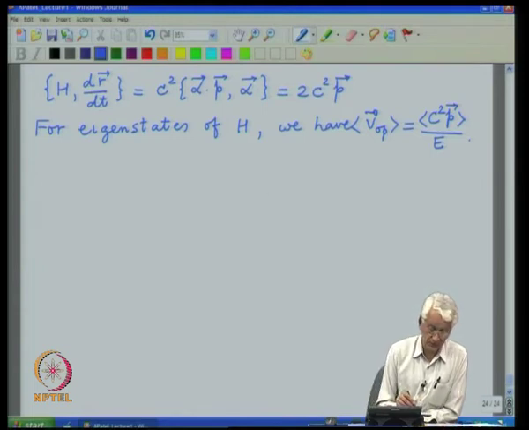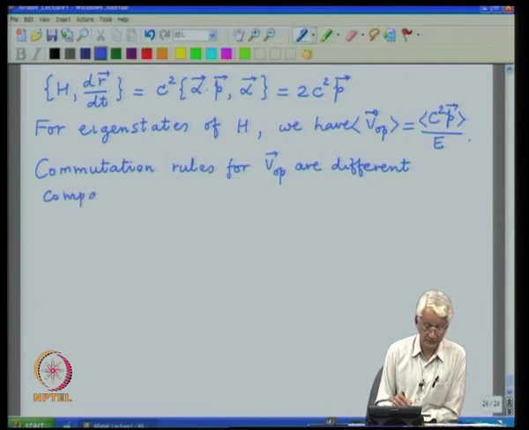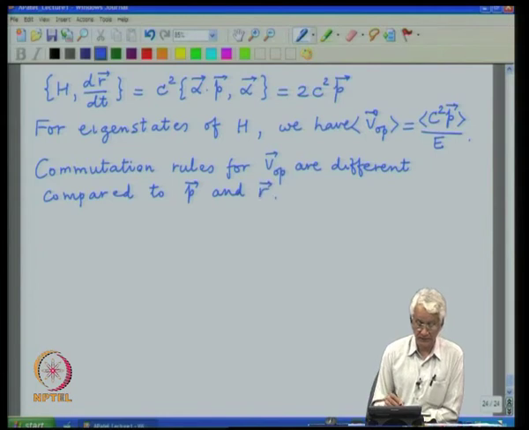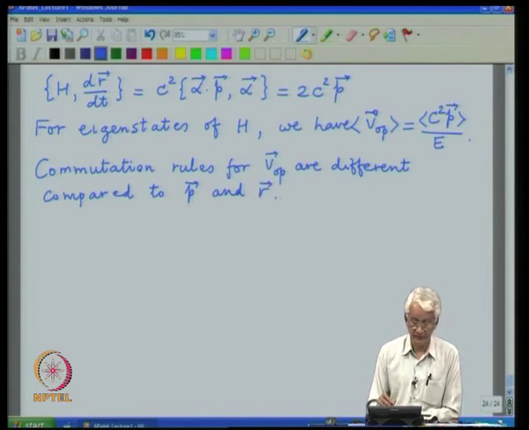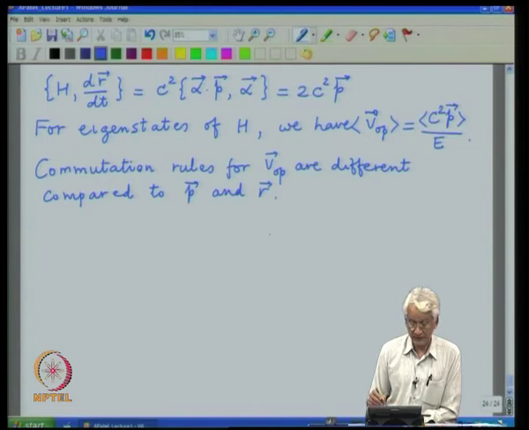get used to it. One can also note at this point that the commutation rules for the velocity operator are different compared to the commutation rules of P and R. In particular, individual components of momentum commute with each other, individual components of position commute with each other, but individual components of velocity are not going to commute with each other, and this has non-trivial consequences in terms of smearing of the wave function over a certain region, no matter how hard you try to localize it.